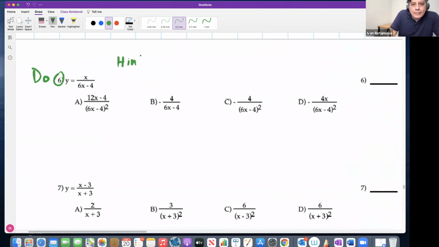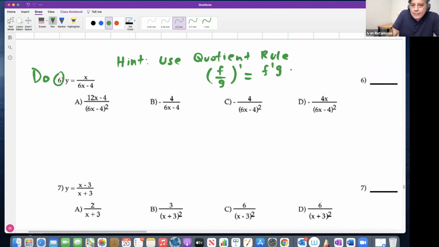Hint: use the quotient rule, which says the derivative of f over g is equal to f prime g minus g prime f, all over g squared.